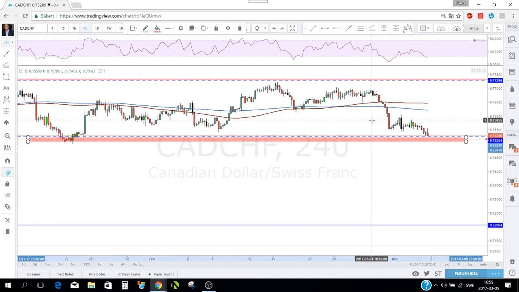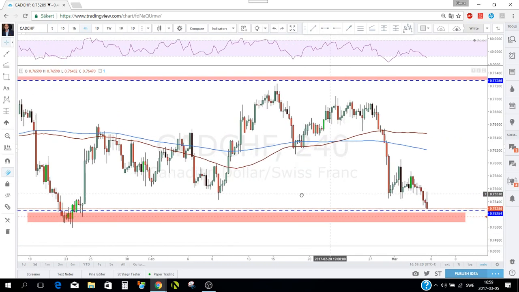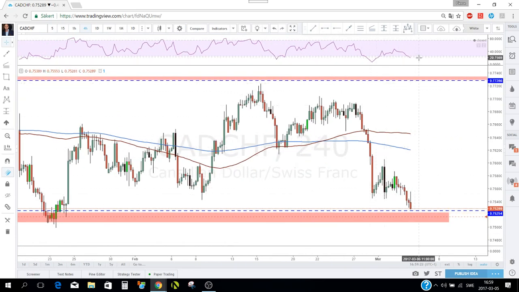If we go down to the 4-hour, you see that the RSI is also getting into oversold territory. Also on the 4-hour, we have this strong divergence ongoing right now. Let me show you: we have a lower low on price, but a higher high on the RSI.